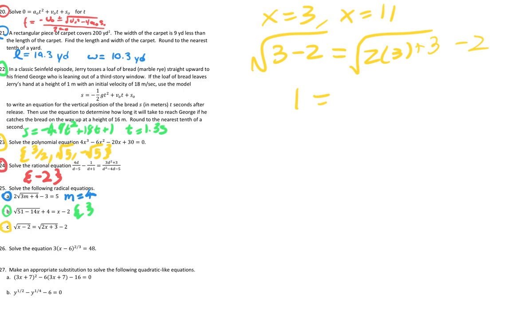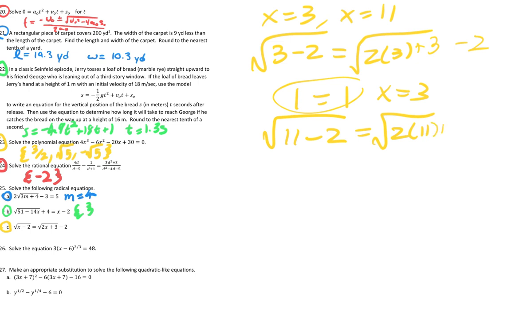and on our right side, we're going to have 1 as well. So that's good. So x can equal 3. Now let's try 11. So the square root of 11 minus 2 is equal to the square root of 2 times 11 plus 3 minus 2.